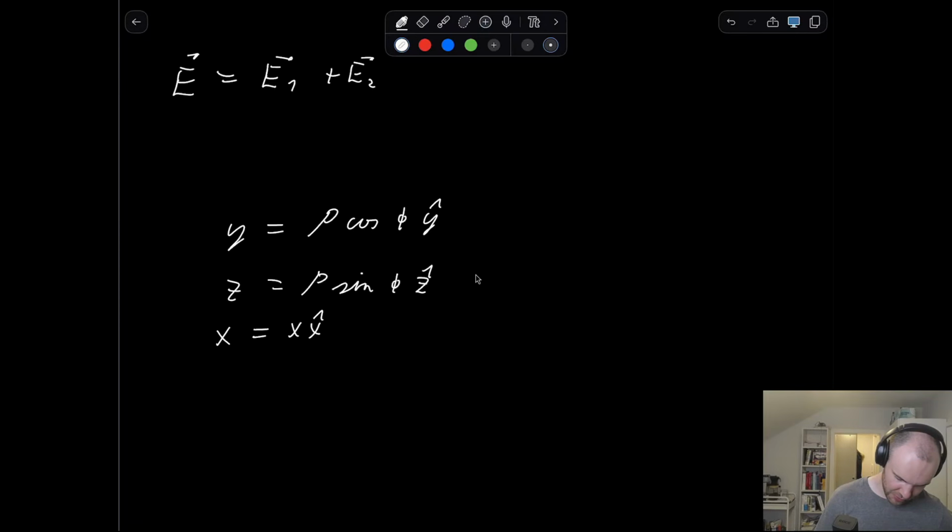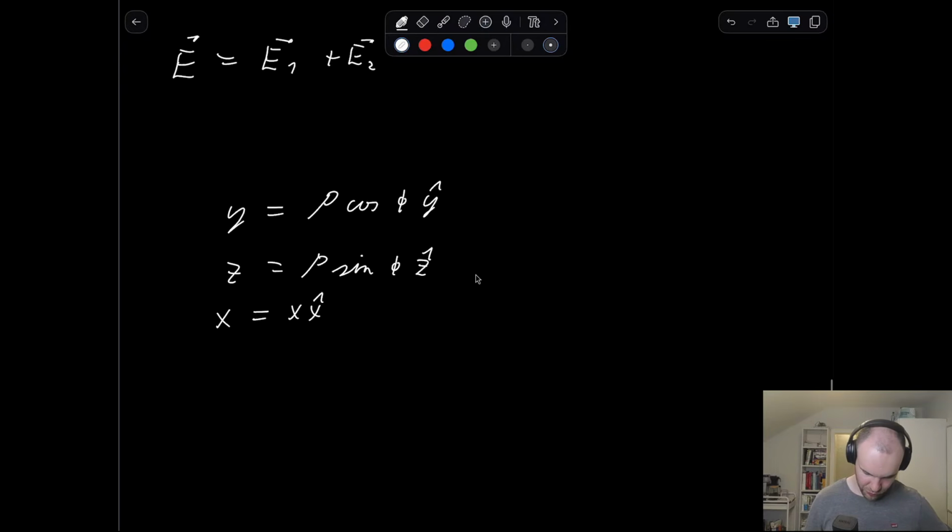I should have written here that these on the left side, of course, are vectors, but you get what I'm trying to say. Okay, so that is the full idea here. And now, of course, rho is the same way. It's just y squared plus z squared, and you just take the root of that.